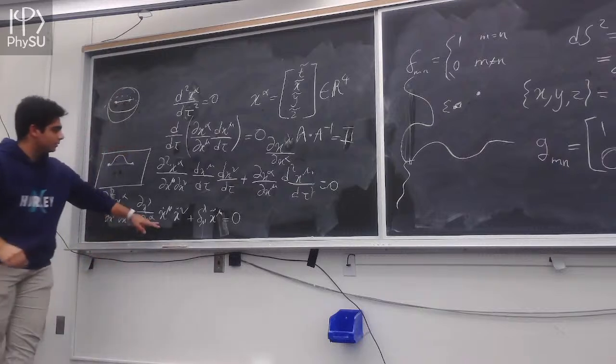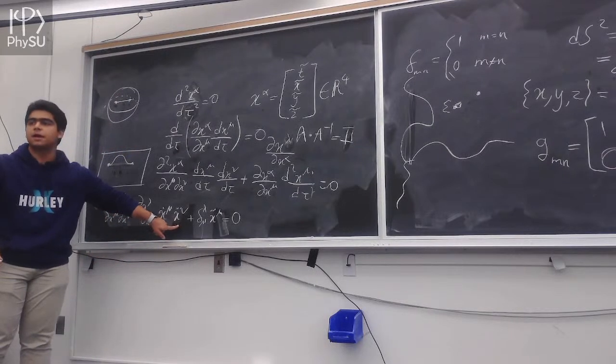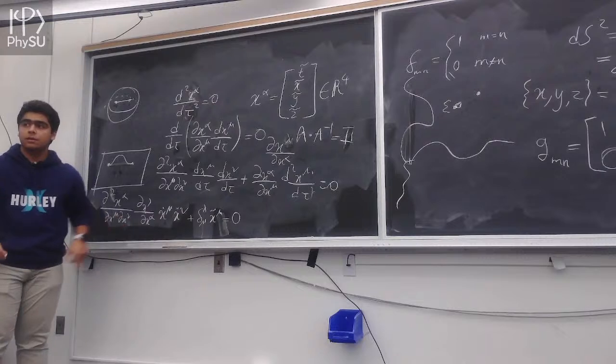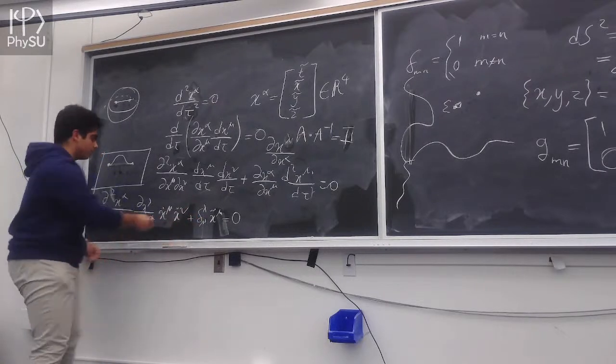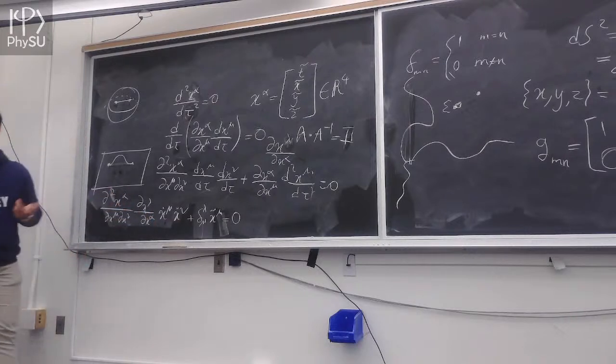If you're not familiar with these dots, they just mean time derivative. When you put two dots, it means second derivative with respect to time. One dot means first derivative with respect to time.